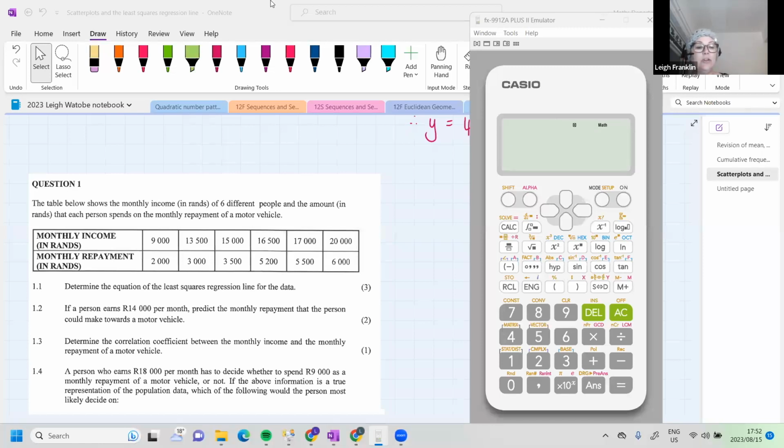Is that the correlation coefficient that you've sent me, Lesejo? Yes, it must be. I'm getting the same correlation coefficient as you.